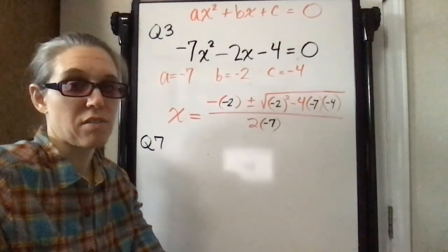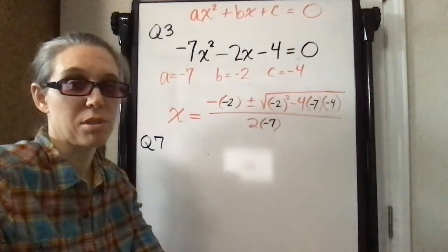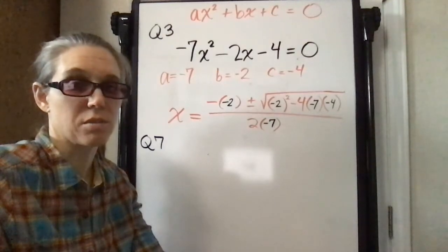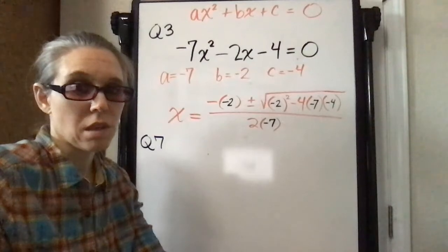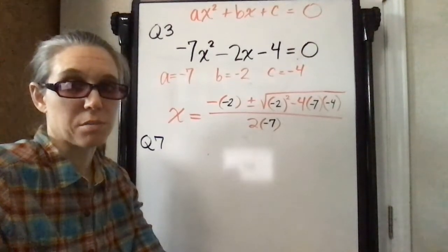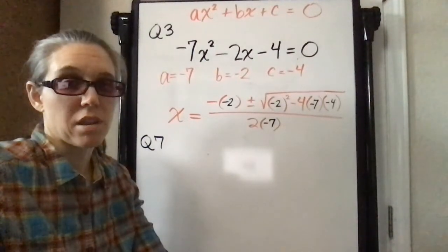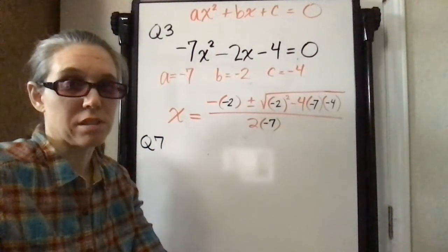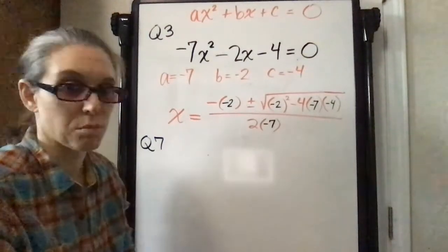In question number 7, it just has you list your answers separated by commas because you'll have both a positive version and a negative version of the answer. And it shows you also how you can type out the plus or minus in case you don't want to separate them with commas. But the idea is that you need to have a fully simplified answer. So let's go ahead and look at question number 3 here and simplify.